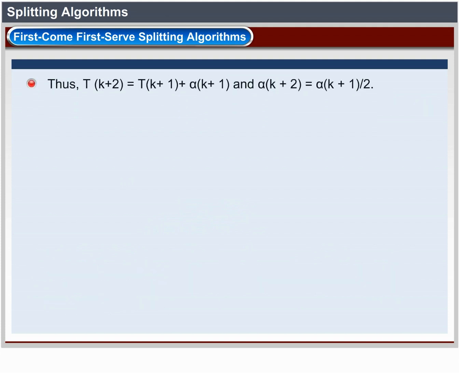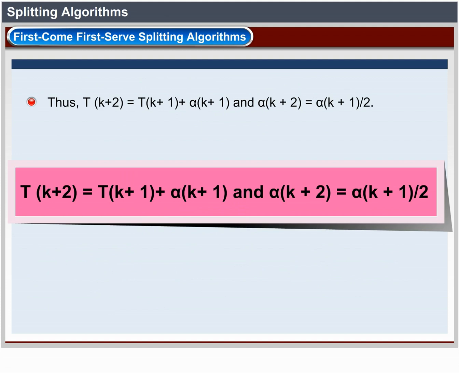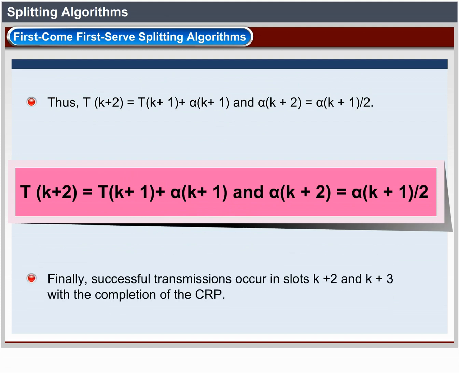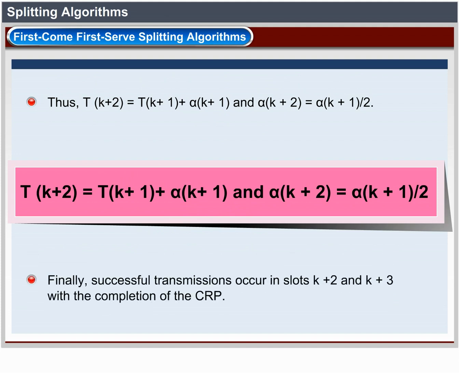Thus, t_(k+2) is equal to t_(k+1) plus alpha_(k+1), and alpha_(k+2) is equal to alpha_(k+1) divided by 2. Finally, successful transmissions occur in slots k plus 2 and k plus 3, completing the CRP.